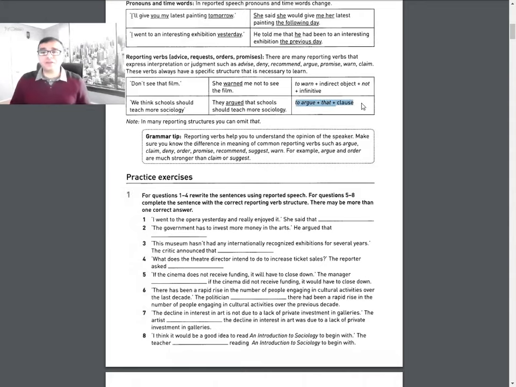By the way, there is also a difference from the previous one, the indirect object plus not plus infinitive. All the time, in some of them, as you see, there is "not" here. But sometimes there is no negative form, and we still have to go with indirect object plus infinitive. There is no negative here, sometimes. So "not" is here because all the time it's coming as a negative form. That's why we are using it.